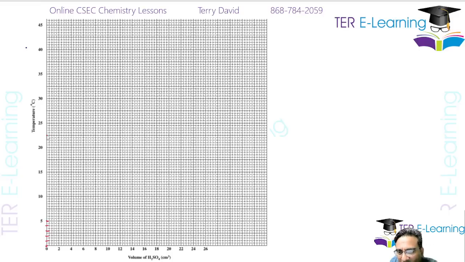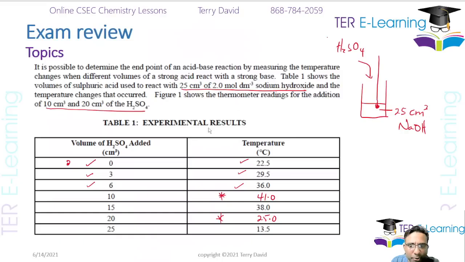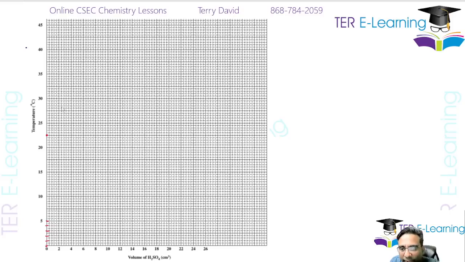So 22.5 is actually this point here, right? That's 22.5. The next point we're going to plot will be this one here, right? Which is 3 cm cube against 29.5. So 3 cm cube is somewhere in the middle here, and 29.5 is here.